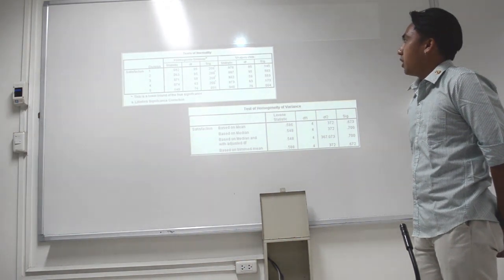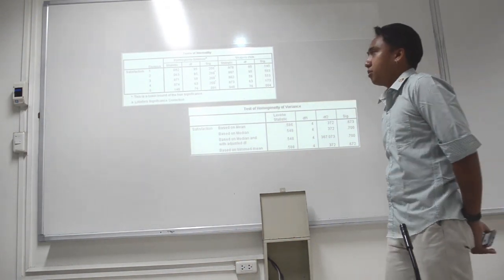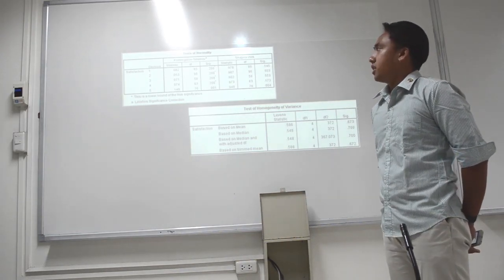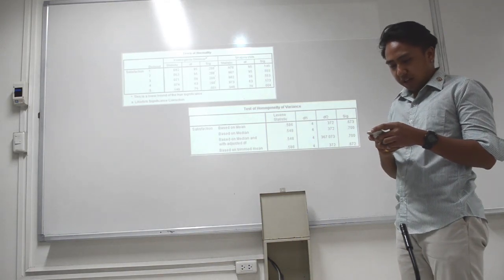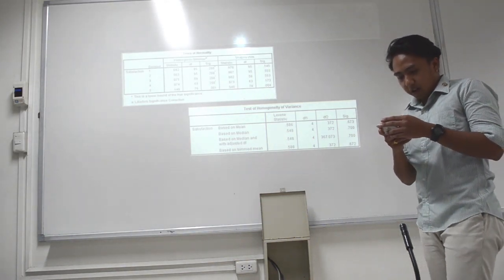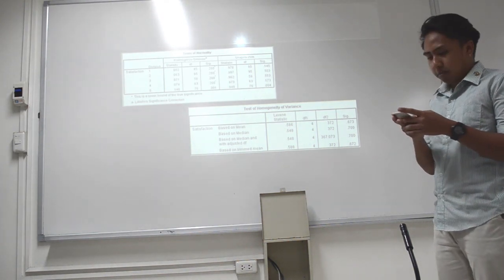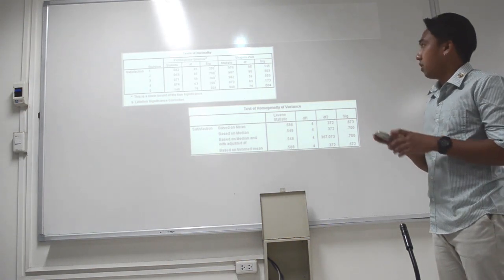For the table of the test of normality, we do this first because we follow the step-by-step process based on the statistical framework. First, there is one dependent variable, and the type of the dependent variable is categorical.